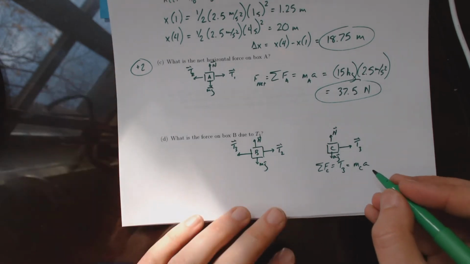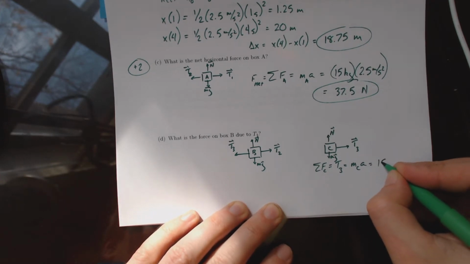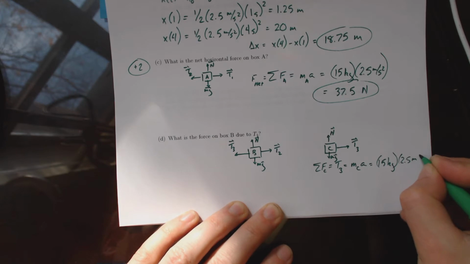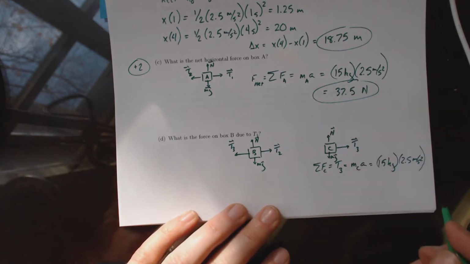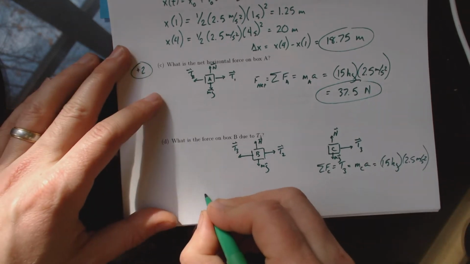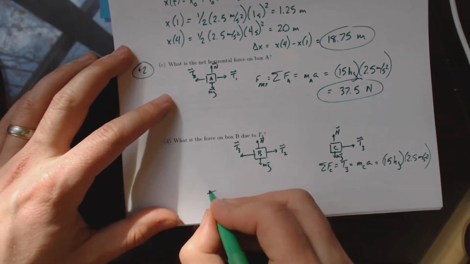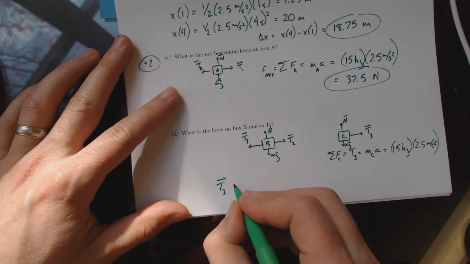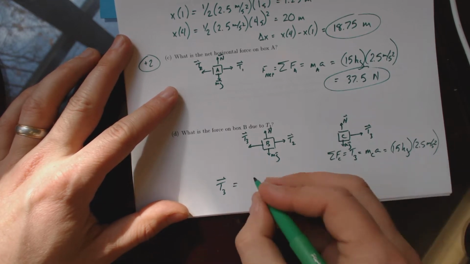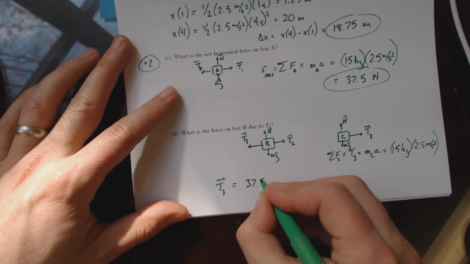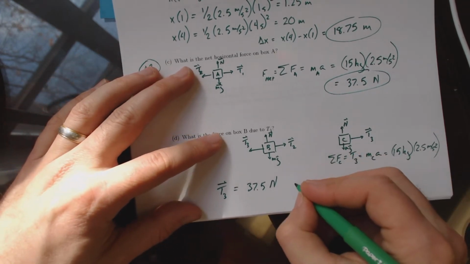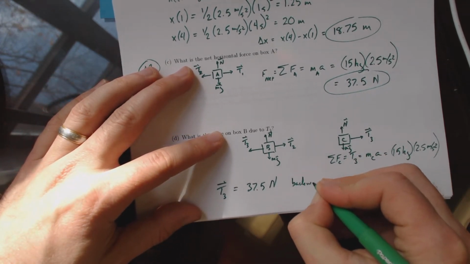We know the magnitude of T3 from this one, so it's 15 kilograms again, times 2.5 meters per second squared. We already computed that up there. So T3, if I want to say magnitude and direction, well, we weren't sticklers for this, I know this is 37.5 newtons. And I might say backwards.